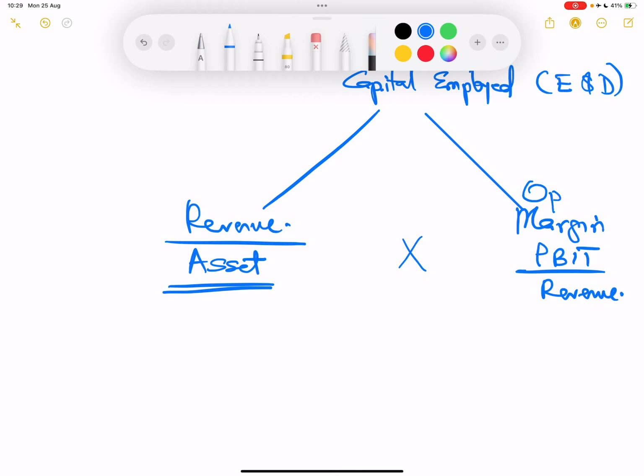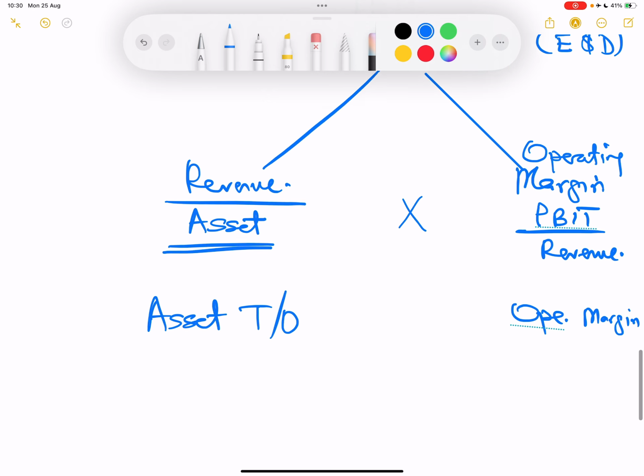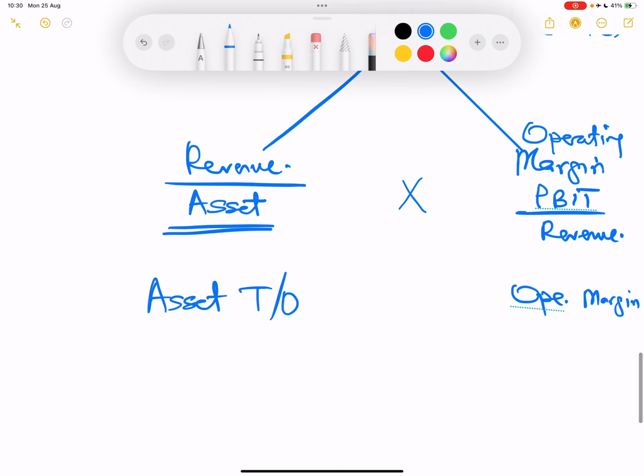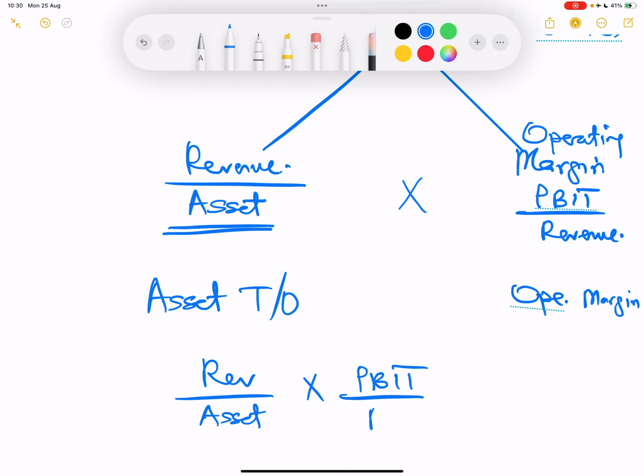This operating margin that we are talking about here, right? So you see that this is asset turnover, and this is operating margin. If you multiply those together, talking about revenue over asset, multiplied by PBIT over revenue.